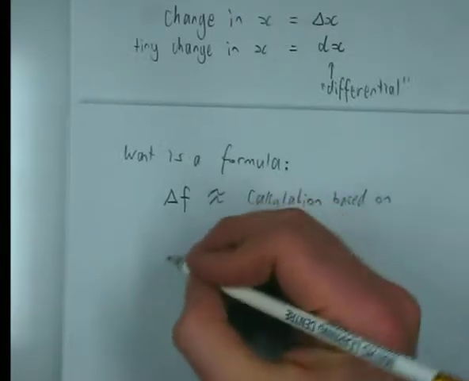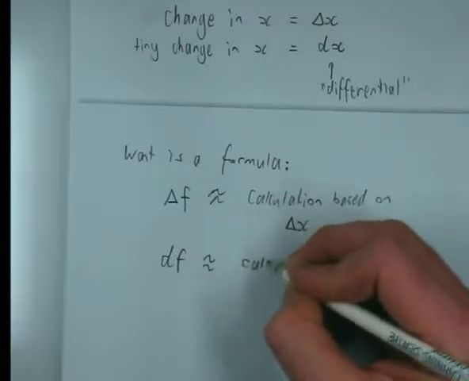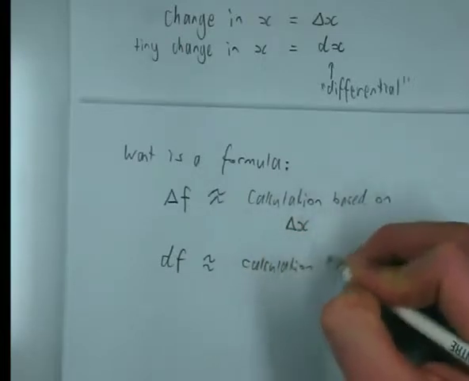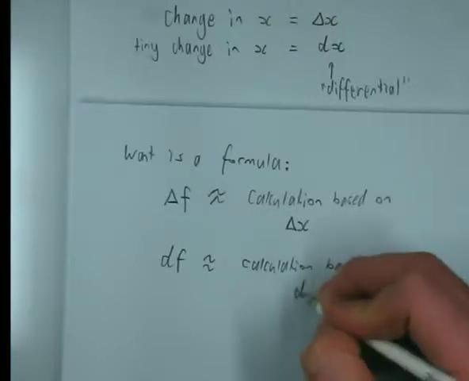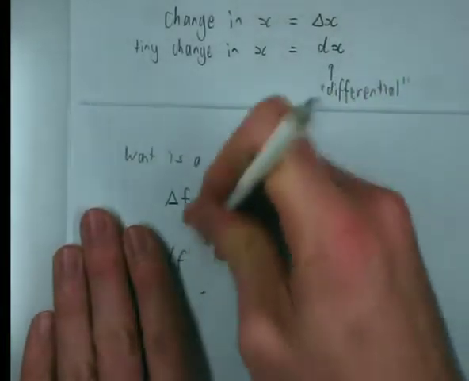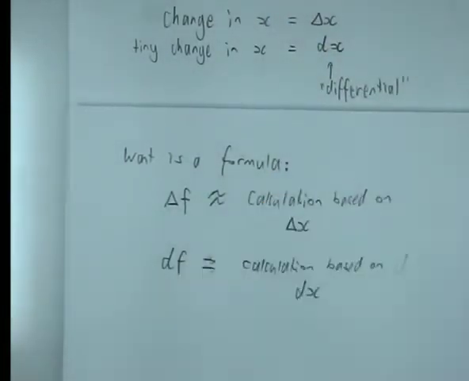And so we want this sort of df to actually be equal to it. That's what we want, okay? Right, and it might be that that calculation will have to be based on dx and dy and dz, okay? So that's what we're looking for. We're wanting some sort of calculation based on those things.